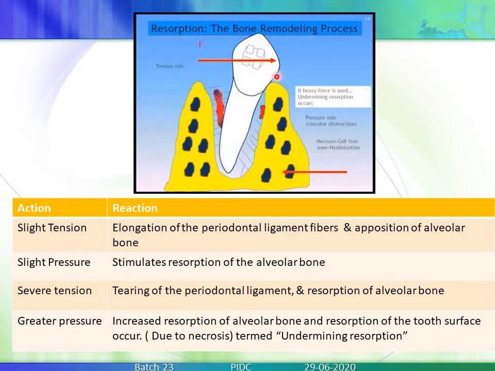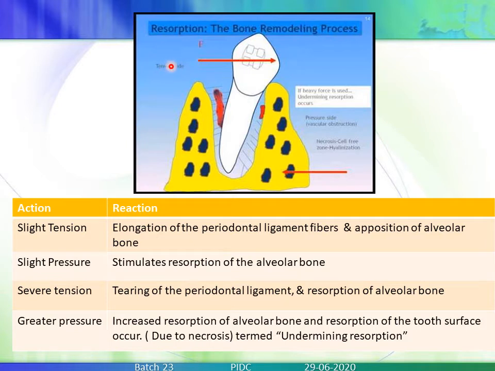And the other side which receives the brunt of this force is said to be the pressure side. Now coming on to the action and reaction, when there is going to be an increased amount of force or a slight amount of force, what is going to happen on this tension side and on this pressure side? So when there is slight tension, that is a slight force, which is given.